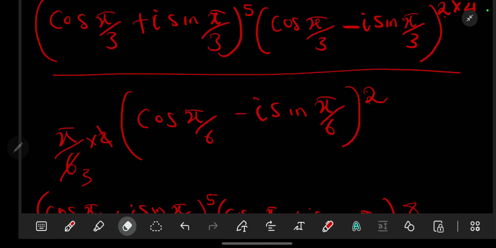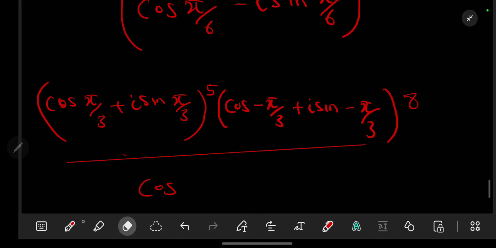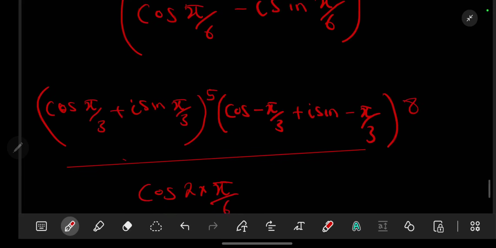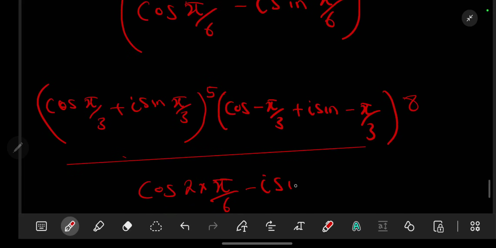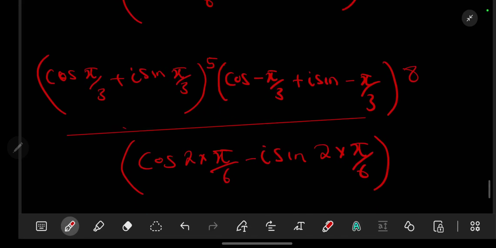So we are going to make this 2 go inside there, so it will be cos of 2 by pi over 6, then minus i sine of 2 by pi over 6. So this is what we have at the bottom. We just want it to be comparable.